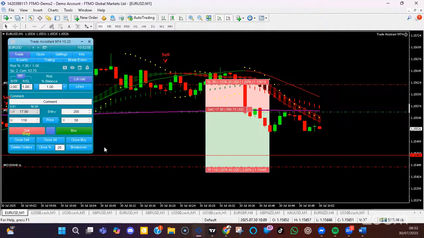I will if price gets down to here, because that's the start of the imbalance on the 5 minute candle, as I pointed out earlier on. So if price gets down to this area here, then I would put my stop loss to my entry.